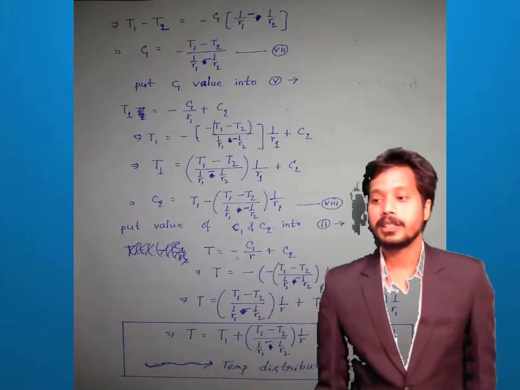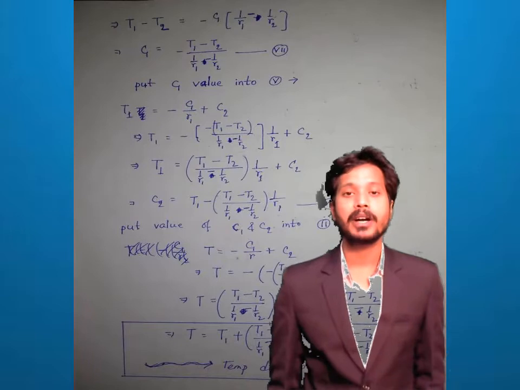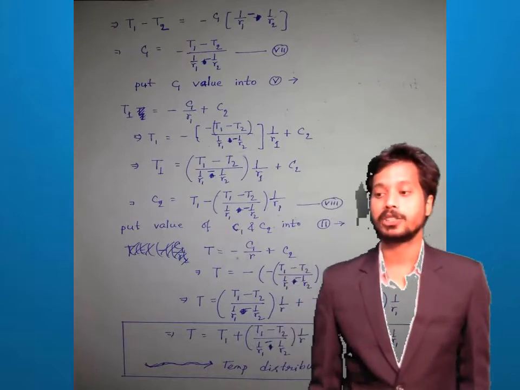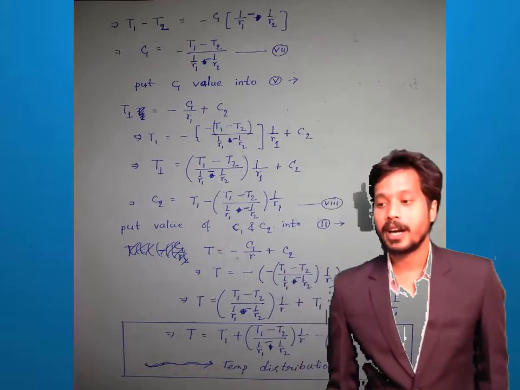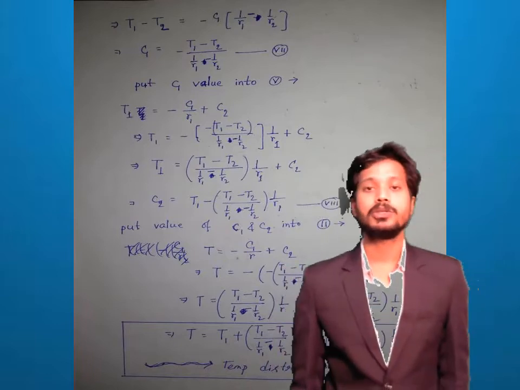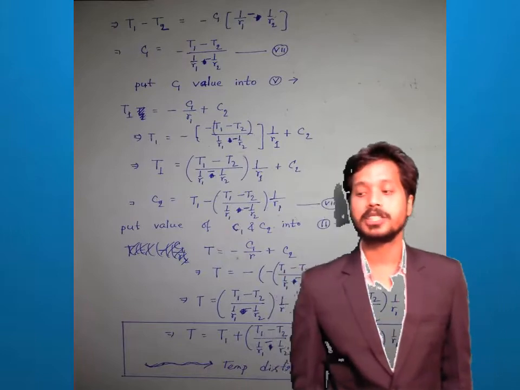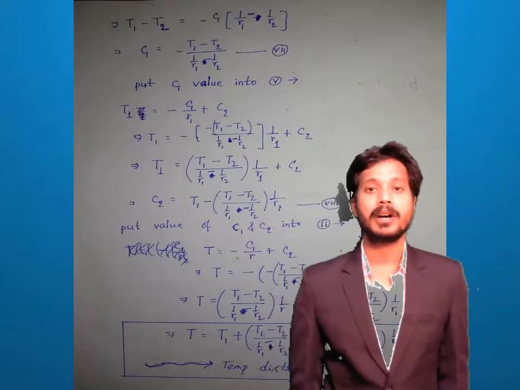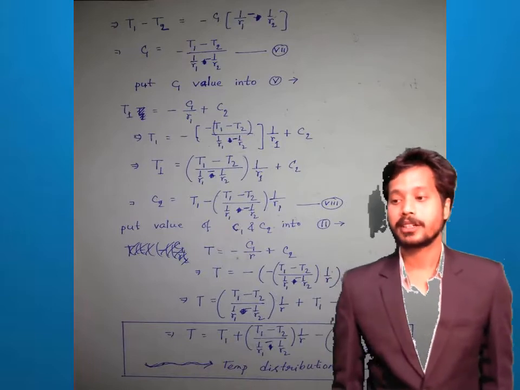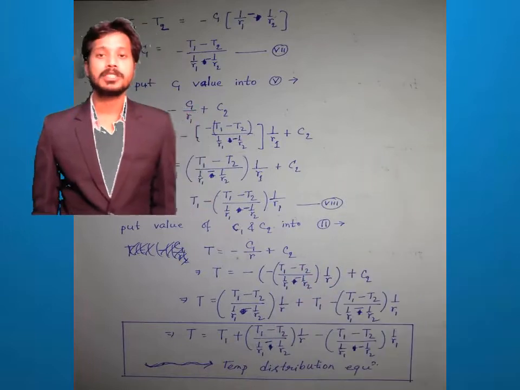So from here T1 equals (T1 minus T2) divided by (1/R1 minus 1/R2) into 1/R1 plus C2. So finally we get C2 equals T1 minus ((T1 minus T2) by (1/R1 minus 1/R2)) into 1/R1. So now we get the value of C1 and C2.